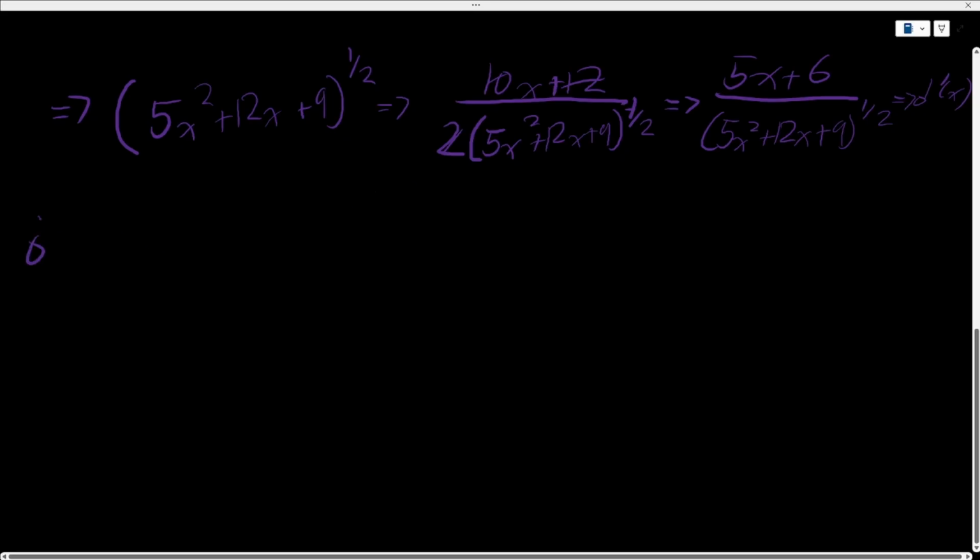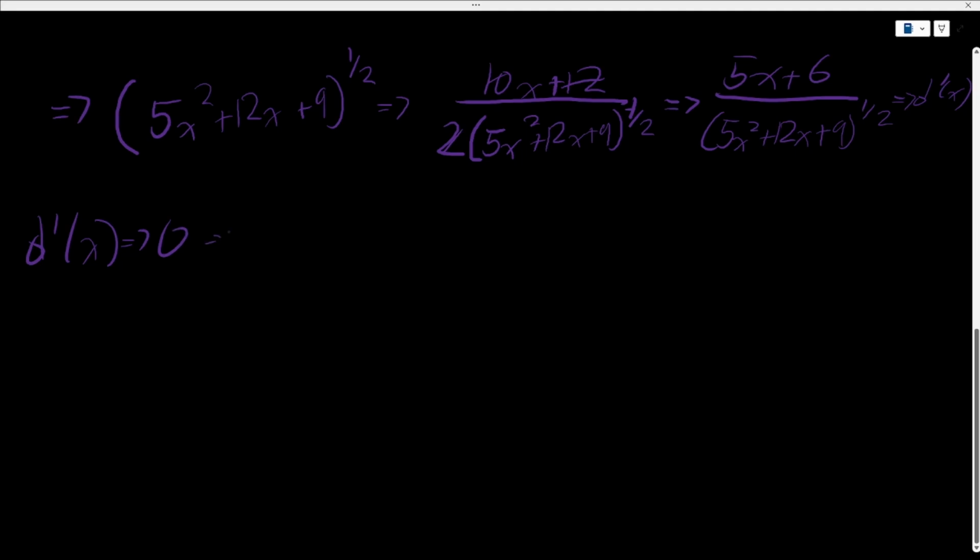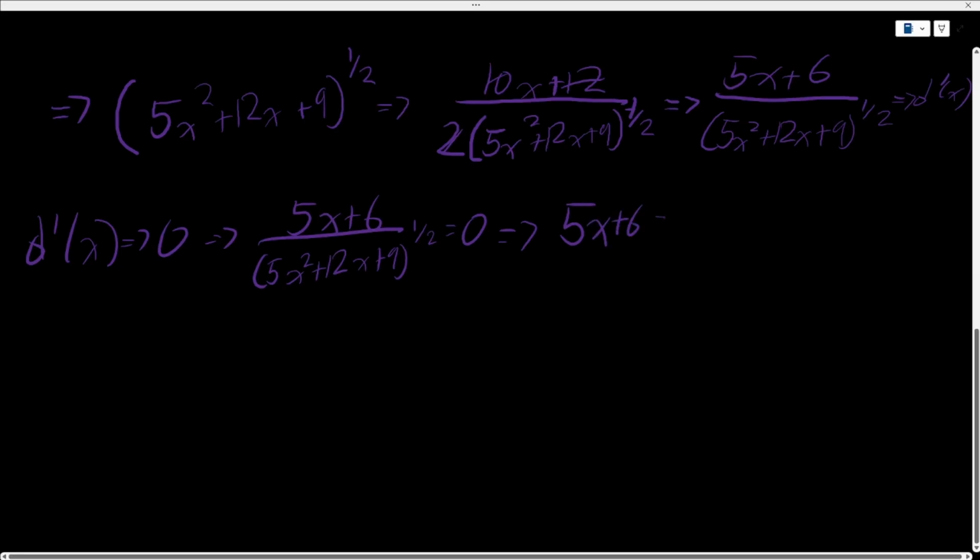So now, the next step in optimization is to set our derivative equal to 0. So 5x plus 6 all over our denominator is equal to 0. We can then simplify this by multiplying by our denominator. So we're just left with 5x plus 6 is equal to 0. Solving this, we'll get 5x is equal to negative 6, and then x is equal to negative 6/5.